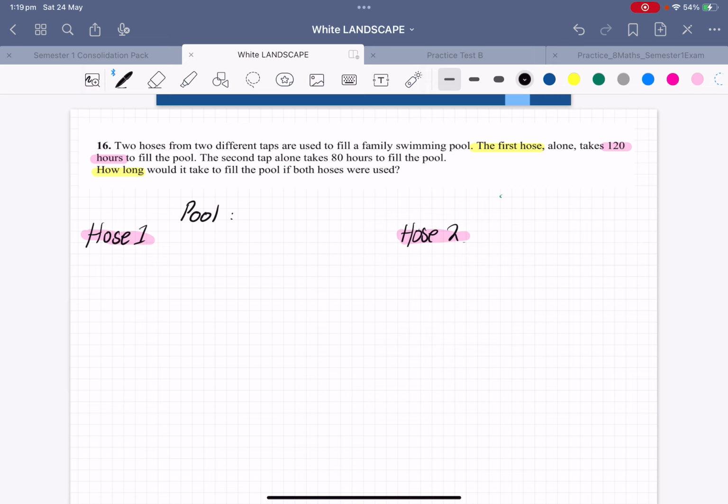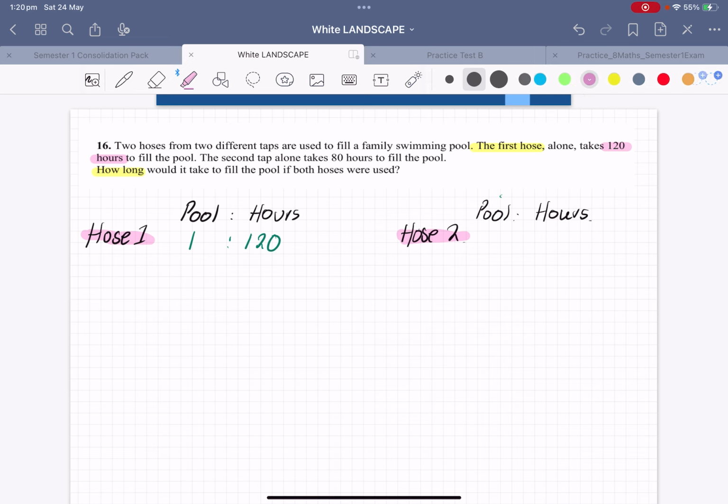And on the right side of the ratio, I want you to write the number of hours. And we're going to do that for each. So just to remind you, the times, days, hours, minutes, always go onto the right side. Okay, so hose 1, it's 1 pool, and he will take 120 hours.